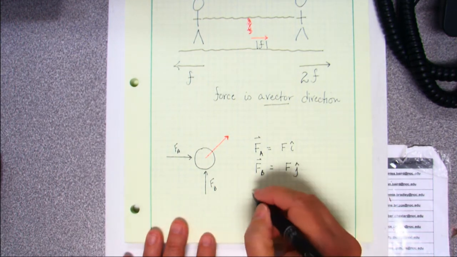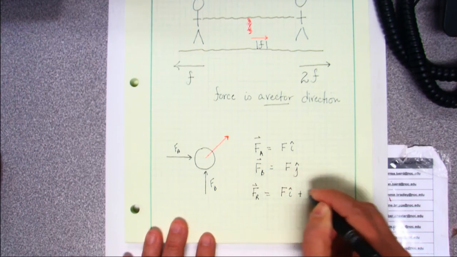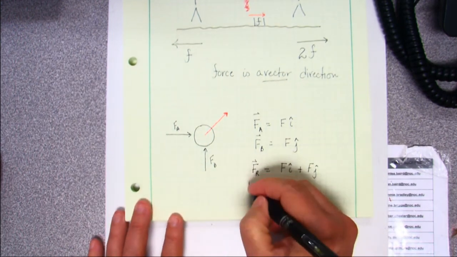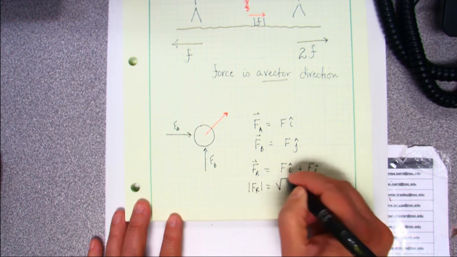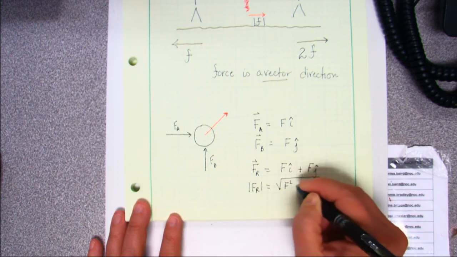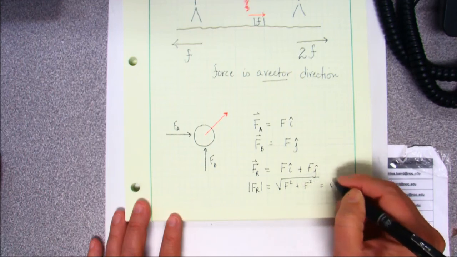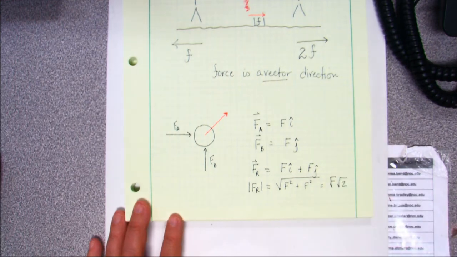I can add those together, and my resulting force, which usually uses a little r, is going to be force I plus force J. The ultimate magnitude of that force is the square root of F squared plus F squared, which is F times the square root of 2.